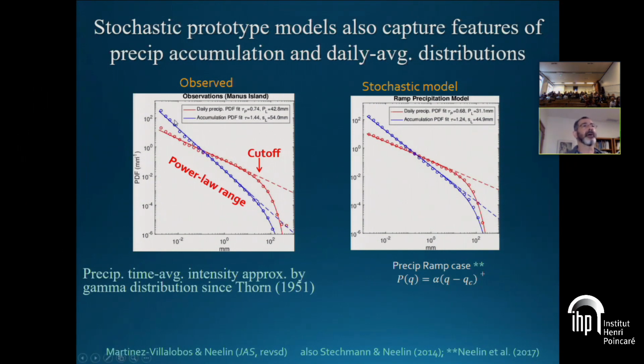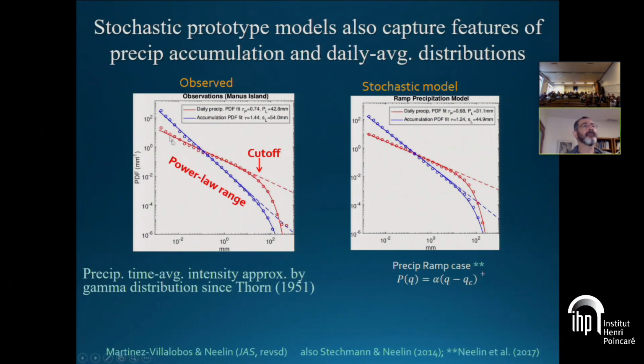And that's dropping with a steeper than -1 exponent. In this case, it's about -1.4. These are for Department of Energy observations at Manus Island. You can do it at various places.